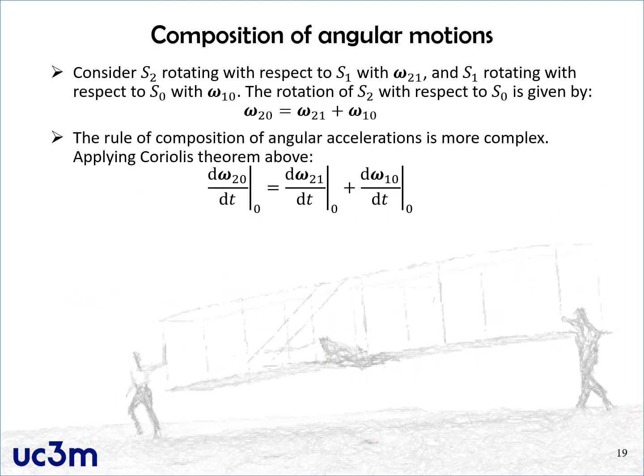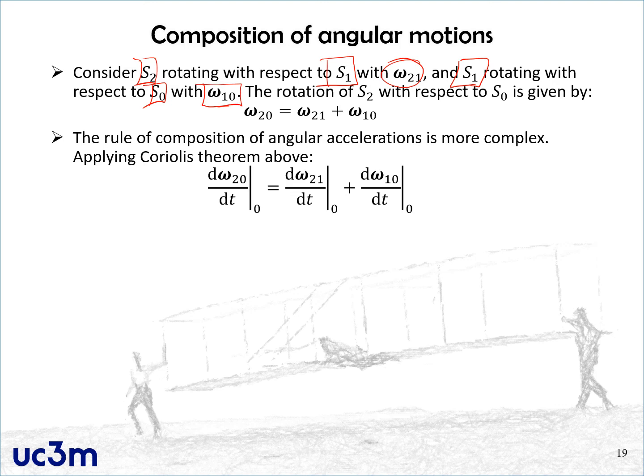So one thing that we have not yet discussed is the relation between angular velocities when we have more than two reference frames. This is what we call the composition of angular velocity vectors. Imagine that you have a reference frame S2 that is rotating with respect to a reference frame S1, and its rotation is given by the angular velocity vector omega-2,1. At the same time, S1 is rotating with respect to S0 with an angular velocity omega-1,0.